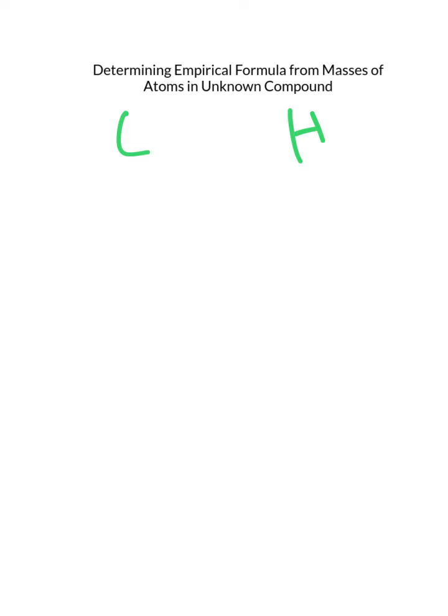We've already performed an experiment, and now know the grams of both the carbon and the hydrogen in our unknown compound. We're at a good place to determine the empirical formula, primarily using dimensional analysis. So the first thing that we're going to do is convert from grams to moles.